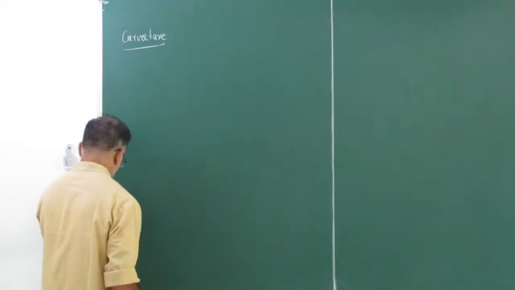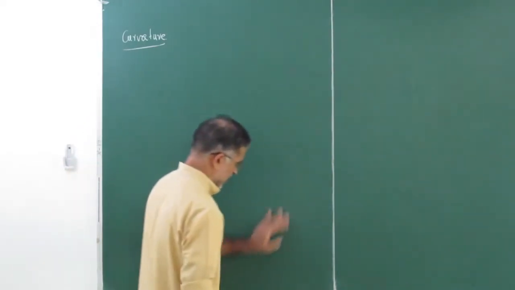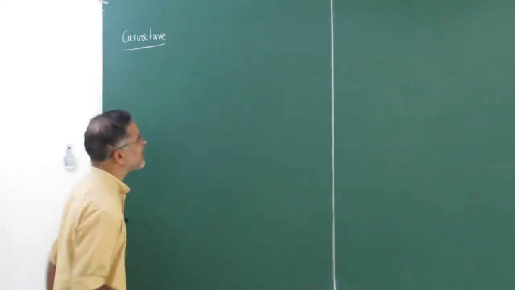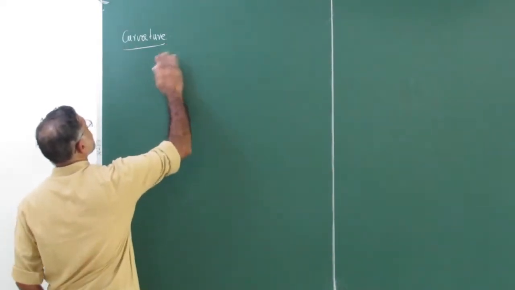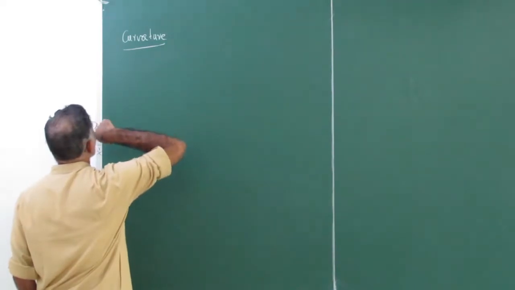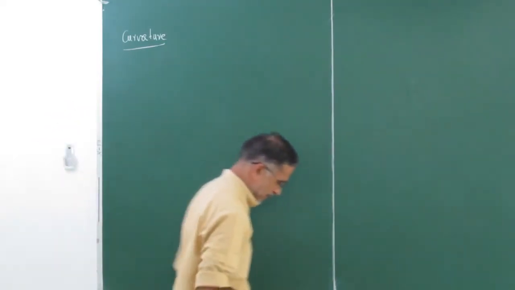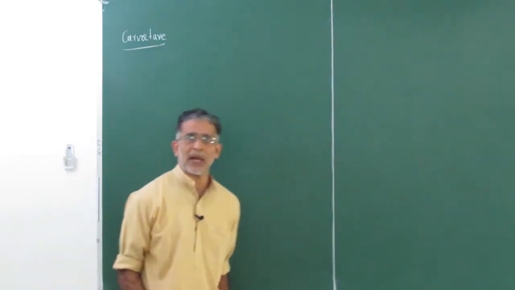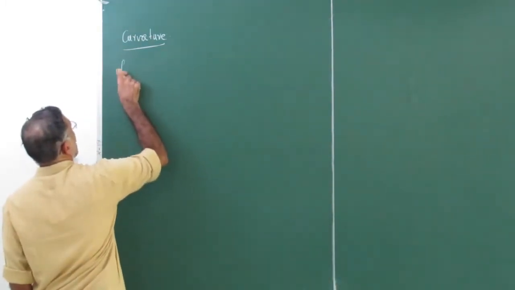But the question is, is the normal unique? No, it is not unique. There are two choices. Of course, for differentiation, you have to have the domain defined on the plane, so you have to parameterize. So let us start.